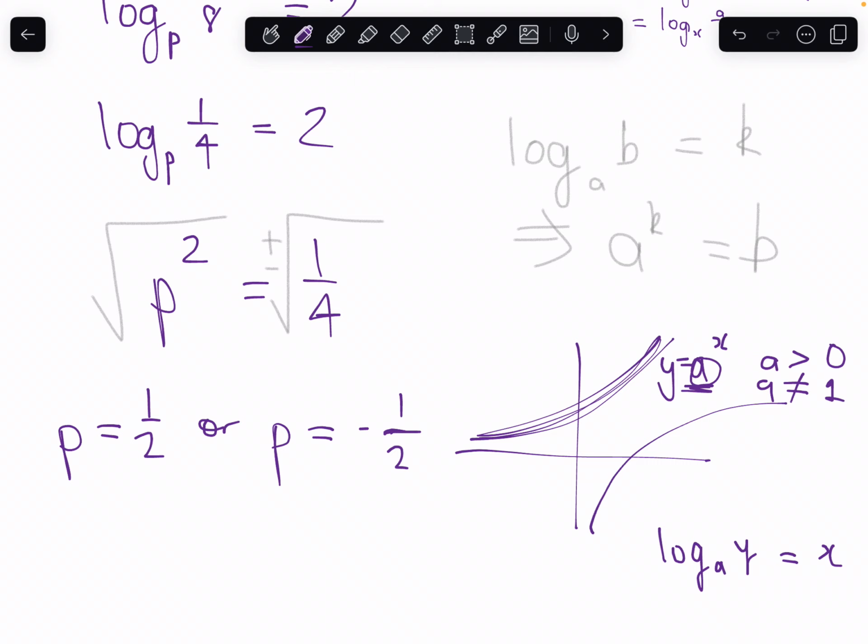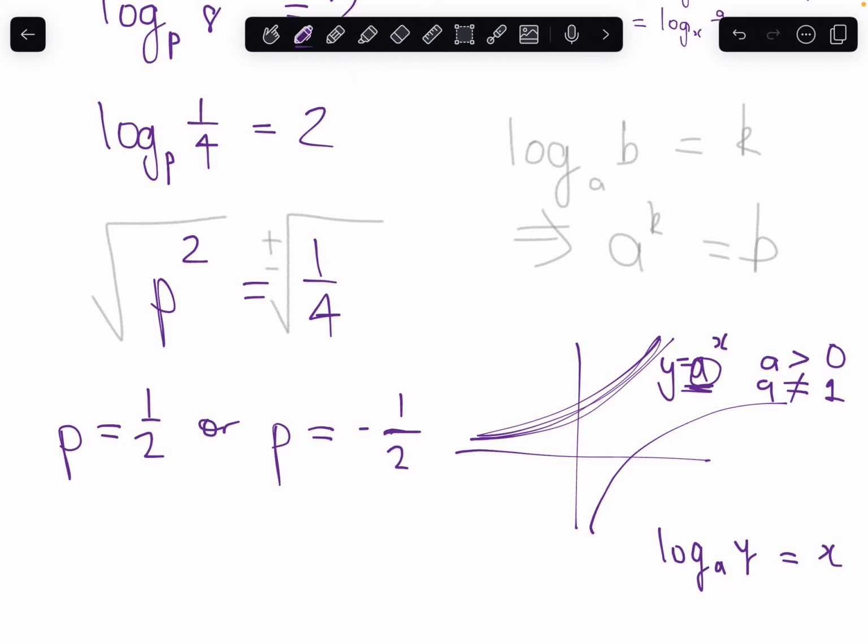Let's double check that with the interwebs. Can the base of a logarithm be negative? No, this wouldn't give us any real solutions. So the base of a logarithm can only be positive numbers, excluding 1.